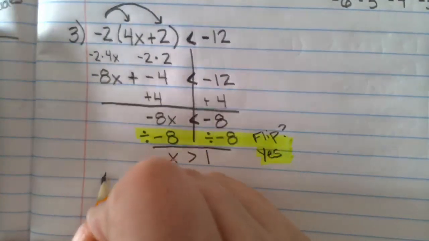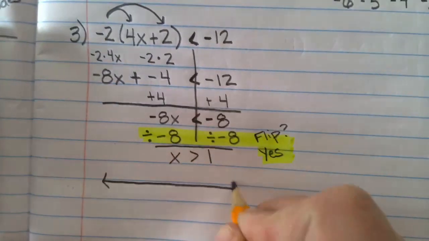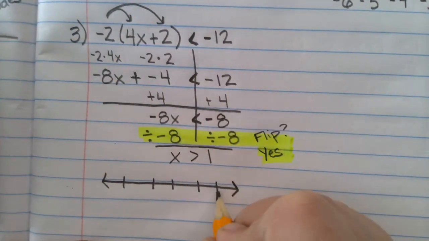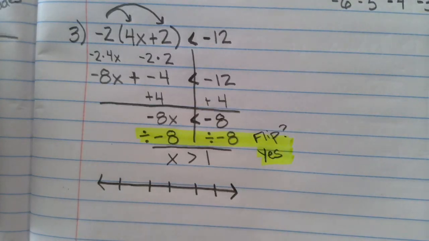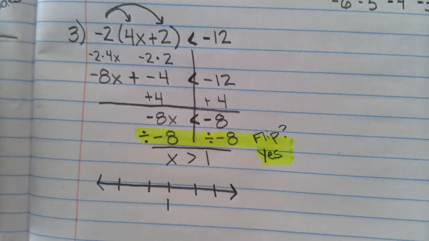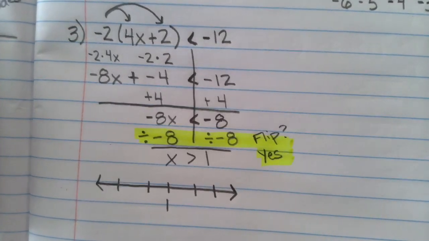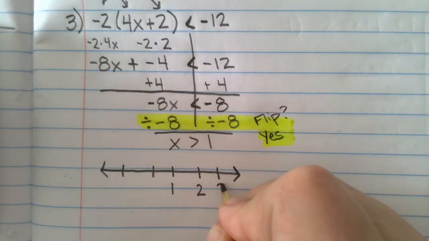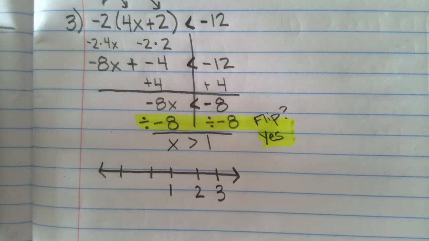Alright, so on our graph, which is a number line, what is our boundary this time? 1. This is a bad number line. I didn't do my tick marks evenly. Just pretend. And what goes to the right of 1? 2. And then 3. We're just in the middle of the notes right now. We're almost done.